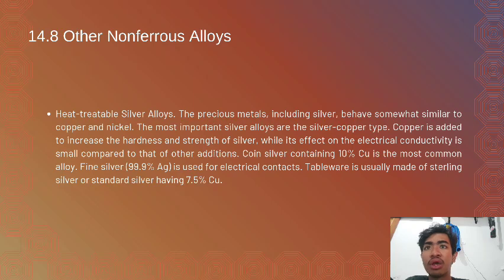All silver alloys with more than 2% Cu can be precipitation hardened by quenching from approximately 750 degrees Celsius and aging at 250 to 350 degrees Celsius. However, this treatment is seldom applied in commercial practice for hardening, in spite of the difficulties encountered with the corrosion and brittleness of the silver-copper alloy.